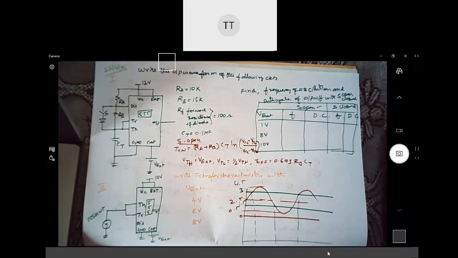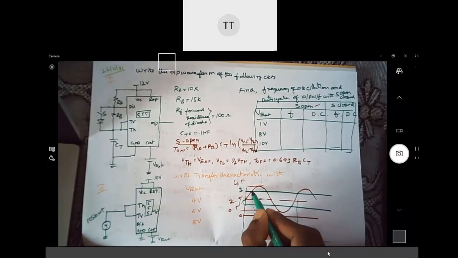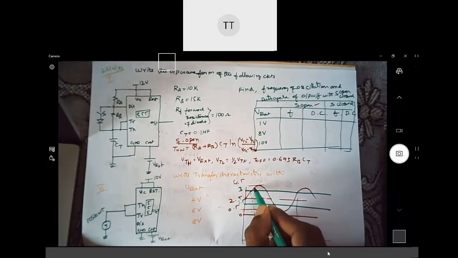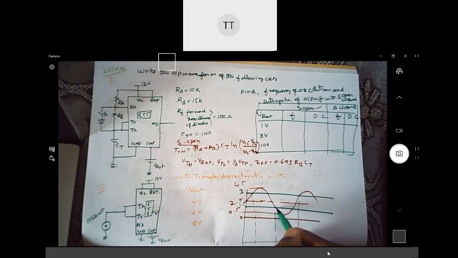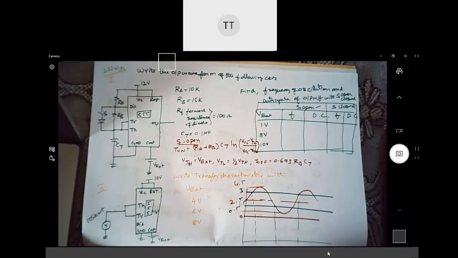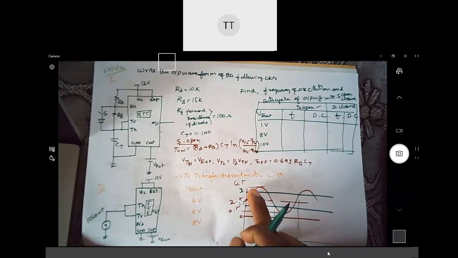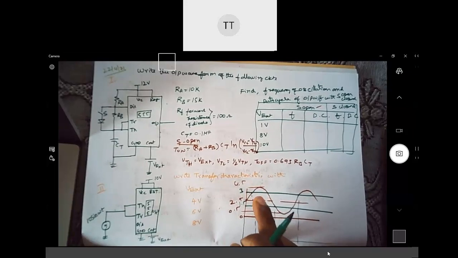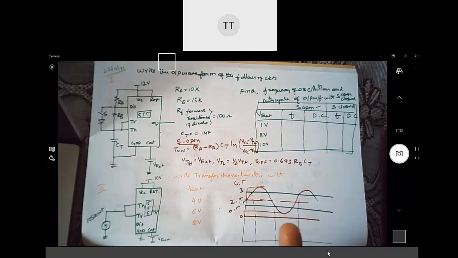I'm not writing wherever it is crossing. I'm writing those transitions where the input is going above 3 and going below 1.5 volt. Trying to understand? Write all those intersections where input is going above 3 and below 1.5 volt.